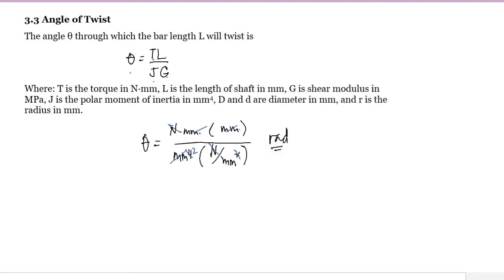So in order for us to convert this in degrees, since we have here the value of the angle in radian, what we are going to do is to convert this, and we know that pi radian is equal to 180 degrees, and the radian would be cancelled, and your angle in this case would be in degrees na.